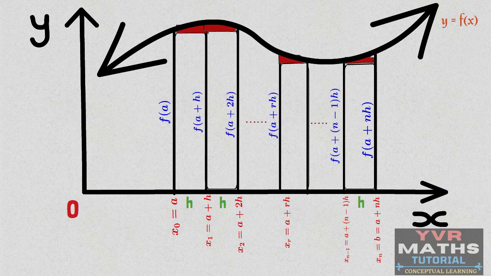It is evident that if n increases, the number of rectangles will increase and width of rectangles will decrease. So, Sn gives a closer approximation to the area enclosed by the curve y is equal to f of x, the x-axis, and the ordinates x is equal to a, x is equal to b.